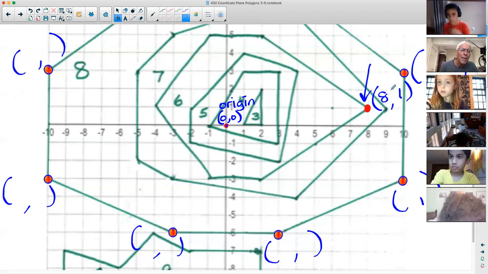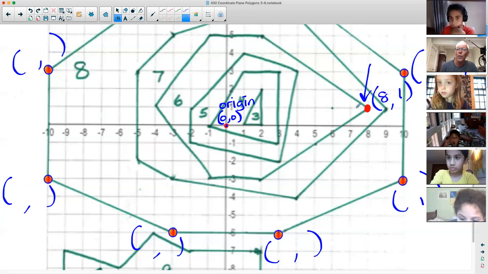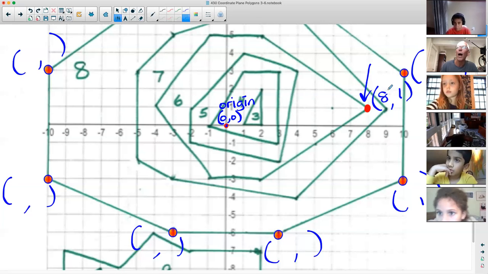If anybody cannot see why that point is 0.81, could you please raise your hand right now to ask me that question? Since nobody's raising their hand, I believe I can move on.